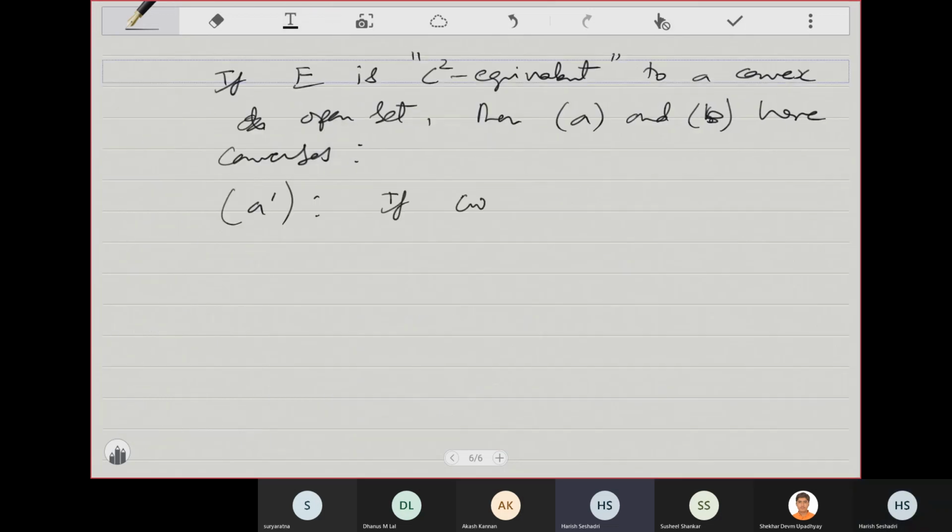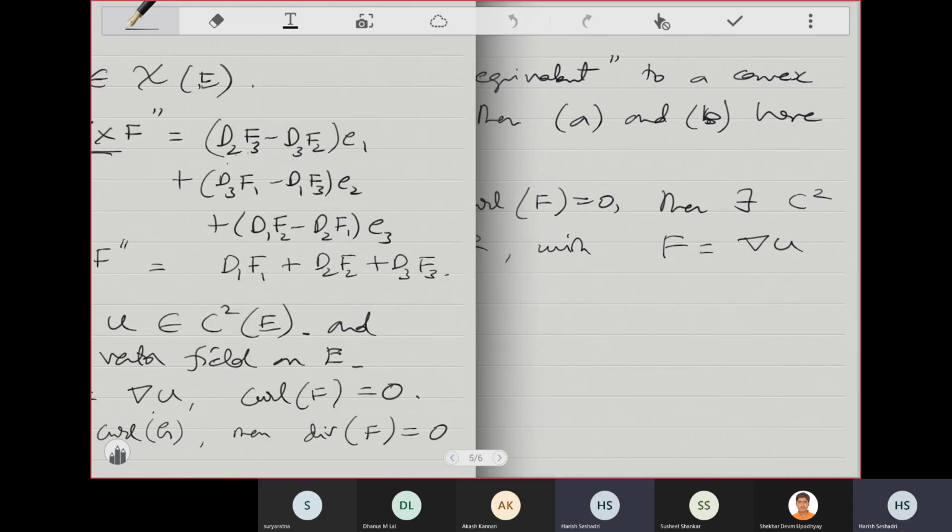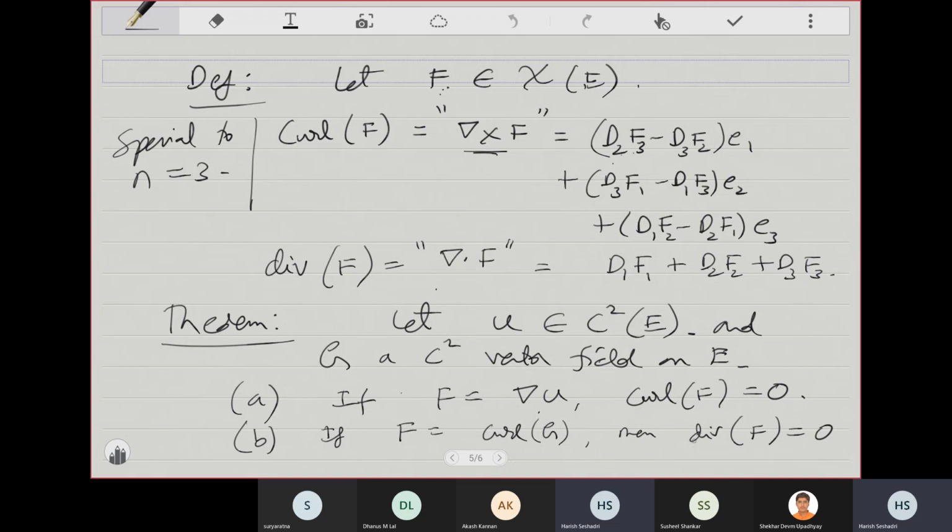If the curl of F is equal to 0, then there exists U, a C2 map from E to R, with F equal to nabla U. B prime: if F is the curl, then its divergence is 0, so we want to say that if the divergence of F is 0, then F is the curl of something.